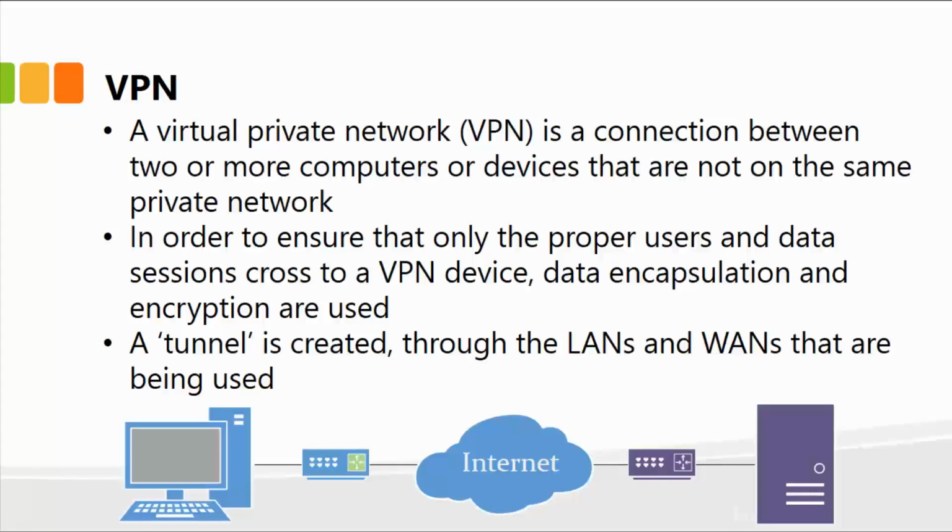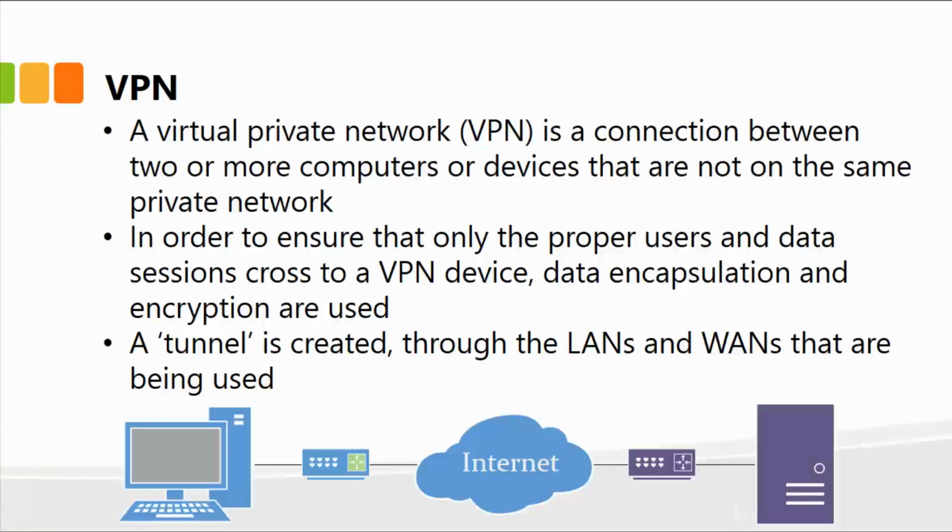And to do that, think of this as a tunnel. So simply a tunnel is created between the two networks, either through the local area network or the wide area network being used. So two networks, create a tunnel between the two, and then encapsulate, as well as encrypt your data. And that's called a private network, or a virtual private network in essence.